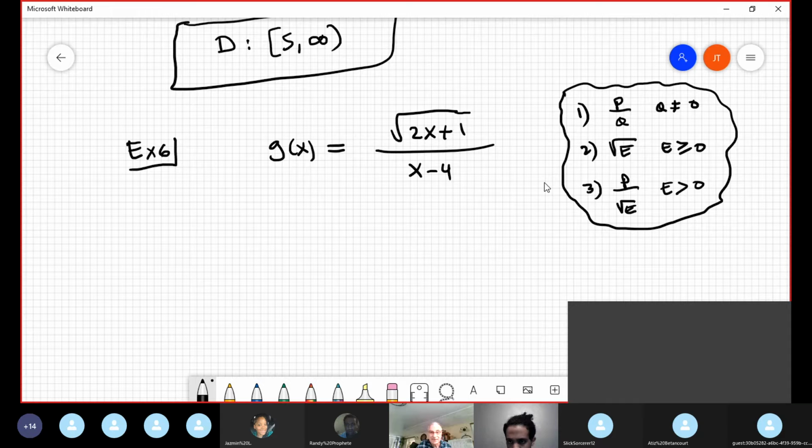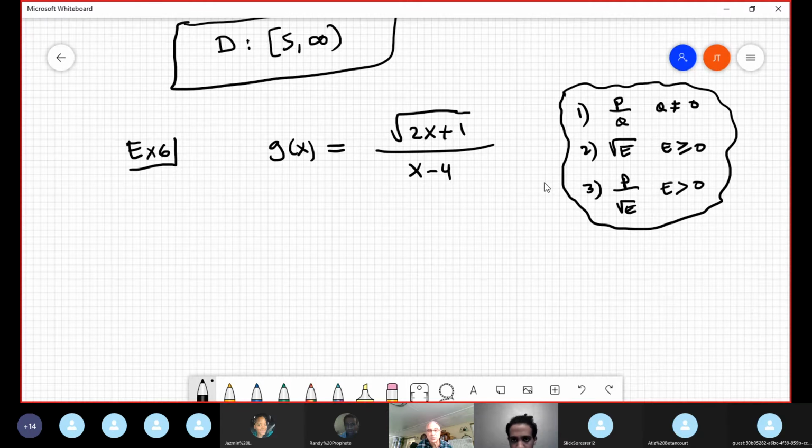So basically, when you set out the restrictions for this specific function, you combine restriction 1 and restriction 2. Let's do it in either order because it doesn't matter. The first restriction is the denominator is not zero. Zero is illegal.